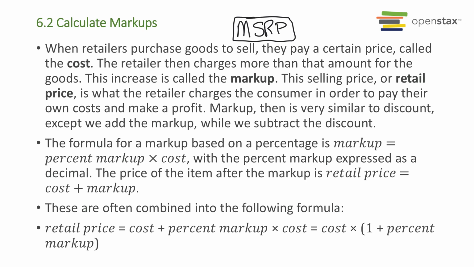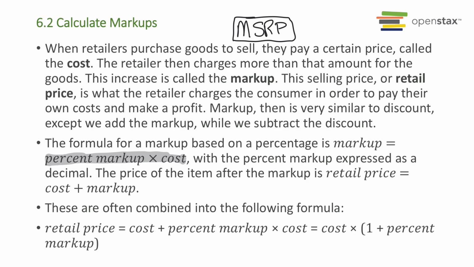But oftentimes that's not what you end up paying, the MSRP, because you might get a discount, you might get some rebates. So that MSRP is actually marked up from the retailer's price, right? We'll look at an example, but what that does is increase the price of something. Whereas a discount decreases the price, a markup actually increases the price.